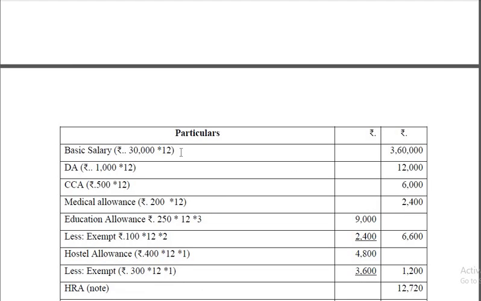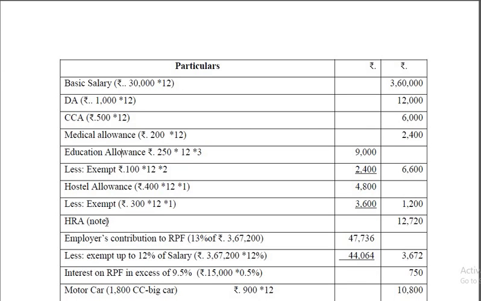Basic salary, as I have mentioned, 30,000 into 12, 3,60,000. DA 1,000 into 12, that is 12,000. CCA 500 into 12, 6,000. Medical allowance is taxable. Education allowance is taxable.